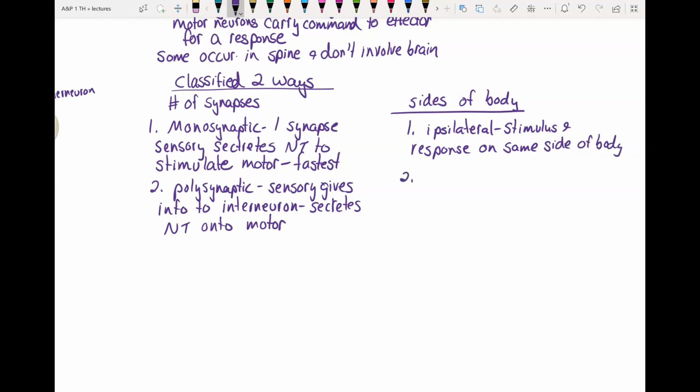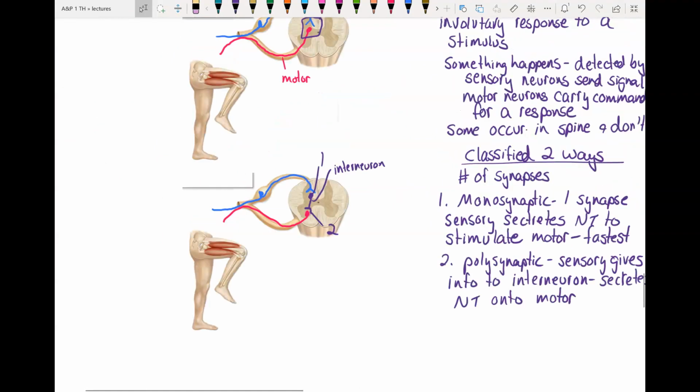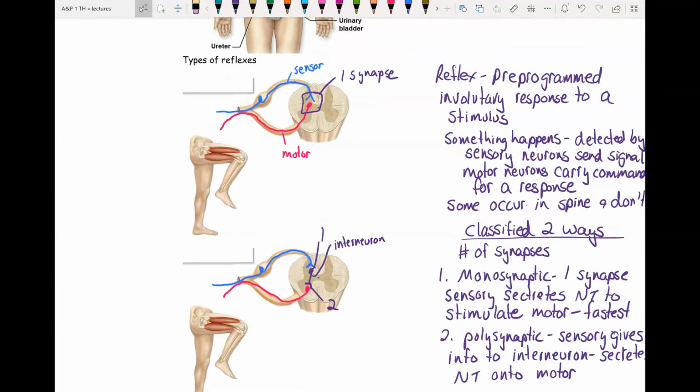The other type is contralateral. Contralateral involves both sides of the body. And when I say sides here, I'm referring to right and left. So if we go up here, let's draw a contralateral one.